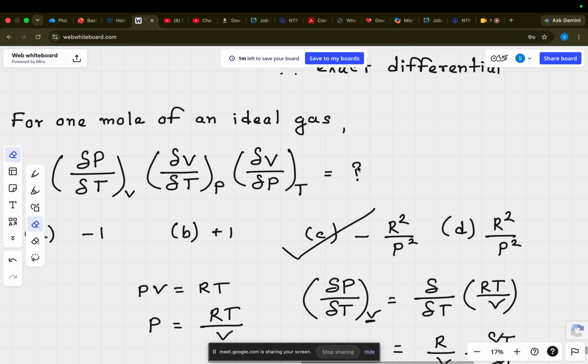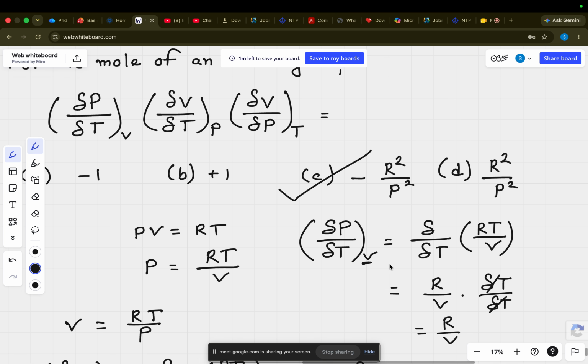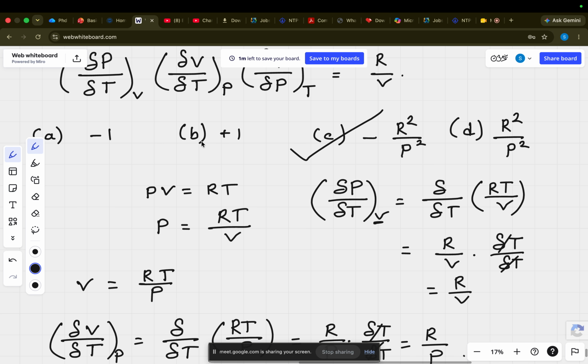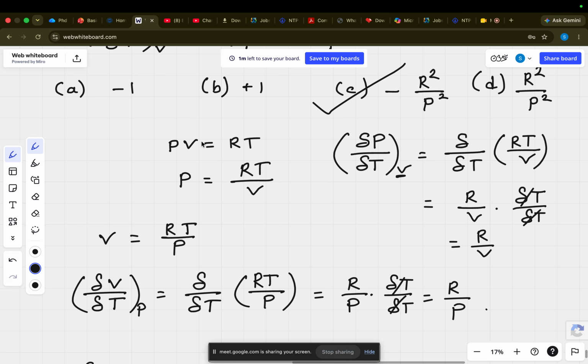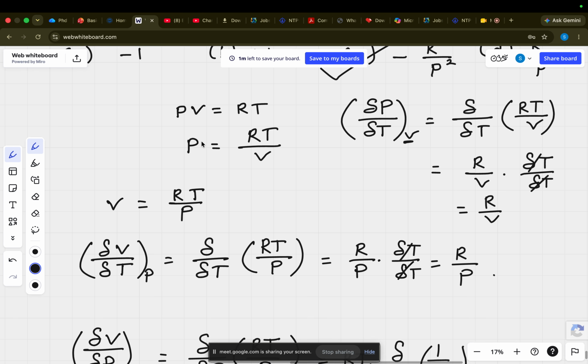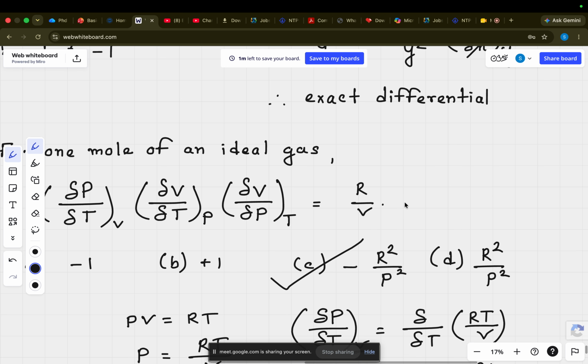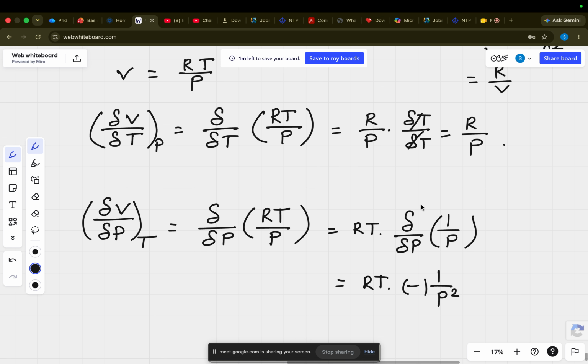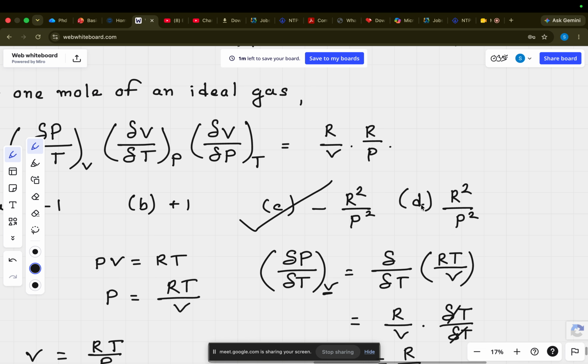Del P by del T, what is the value you are getting? R by V, right? Yes, sir, the value I am getting is R by V. Next, dV by dT is R by P, so here I am putting R by P. And the last one is minus RT by P square.